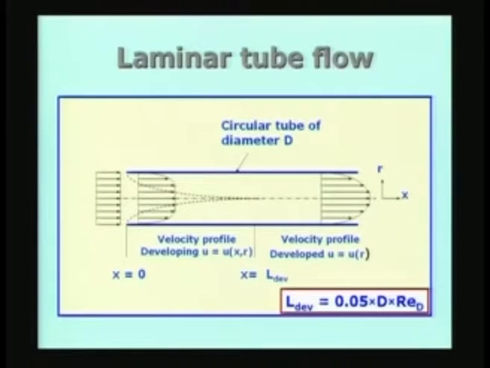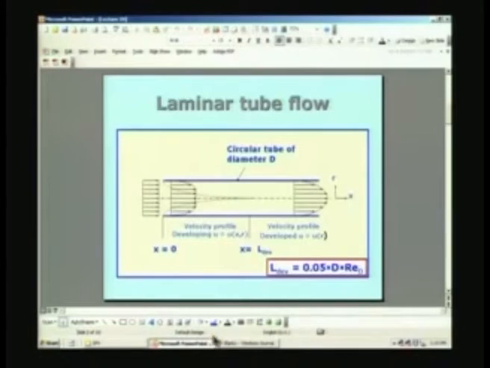Before we take a close look at the laminar tube flow, let us just digress a little bit, understand what viscosity is, just to get an idea as to what we are talking about. So this I will do by going to the board and giving the basis. So viscosity is a property just like thermal conductivity, which we have already considered earlier.